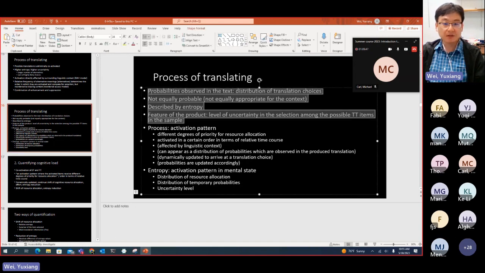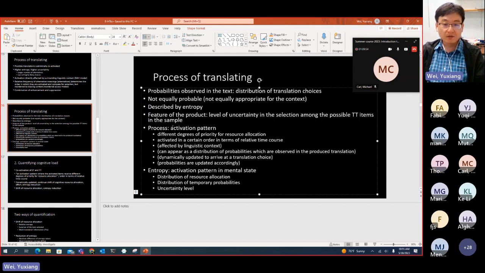Now, this is about the products. When we use the same perspective for the translation process, we can assume that the translator is involved in an activation pattern of the possible translations, where each of these activated items would receive a different degree of priority for resource allocation. Or if we adopt a reordered access model, they would be activated in a certain order in terms of relative time course.